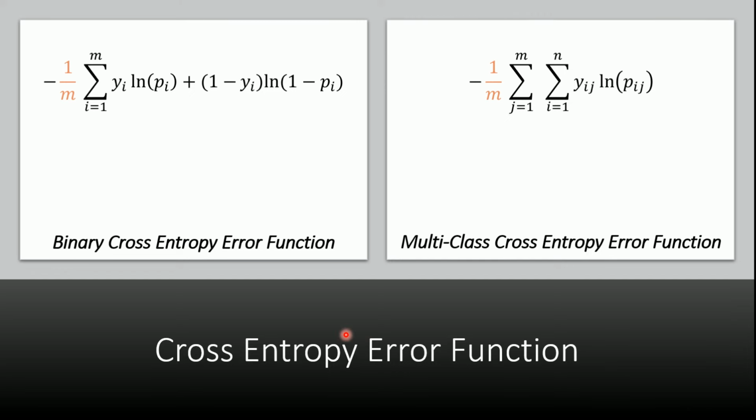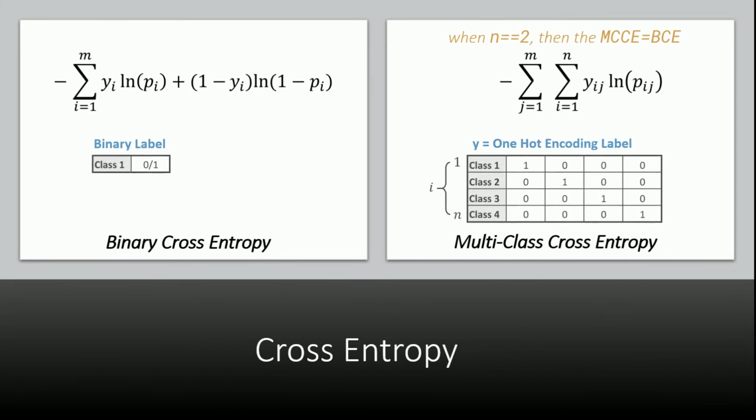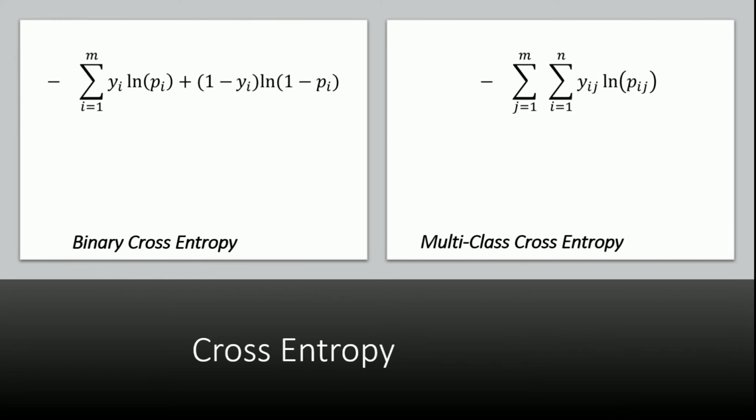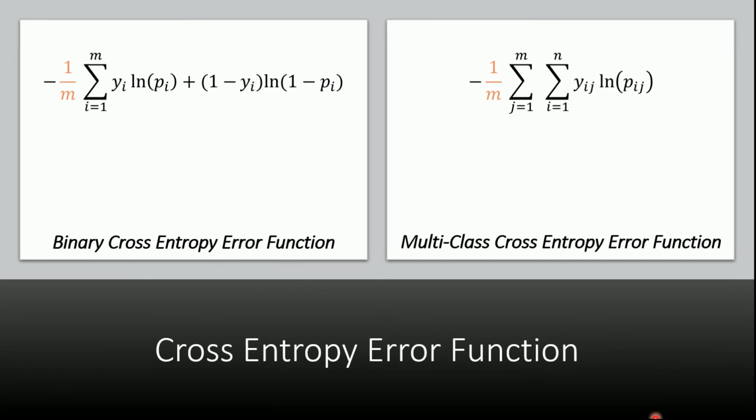For our cross-entropy error function, we keep our formulas the way they are, but we simply divide by the number of data set points that participated in our training. So going back again here, this is our cross-entropy, and our error function is our cross-entropy divided by the number of points that participated, which is just this thing here.